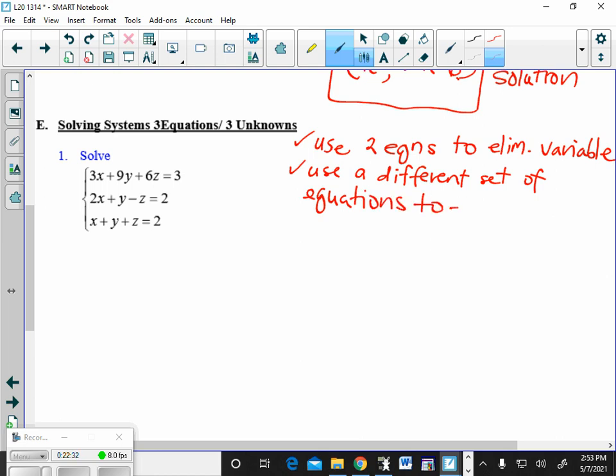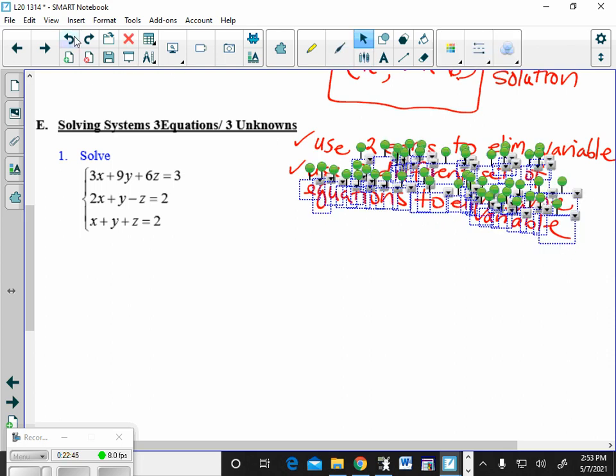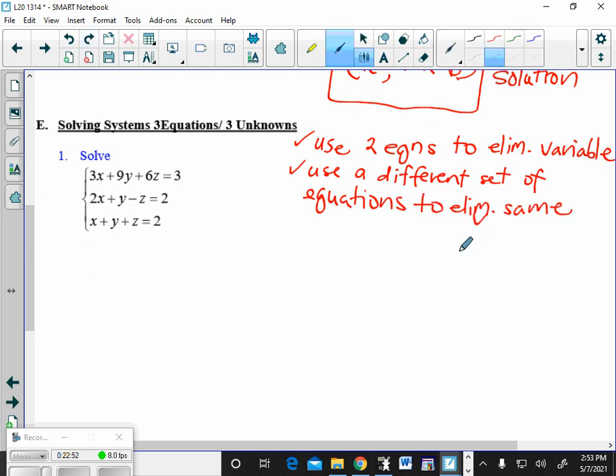And we want to eliminate the same variable that we just eliminated. Okay? Let me just get this written a little bit better, to eliminate the same variable.